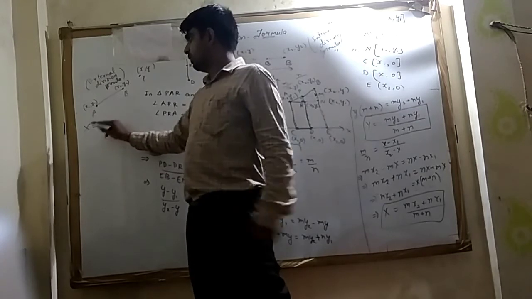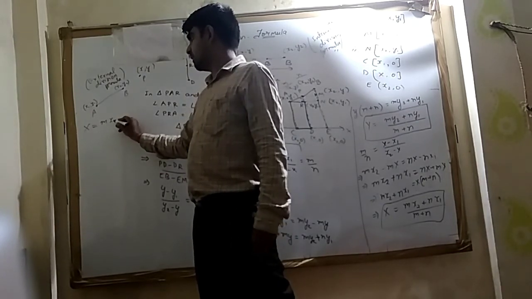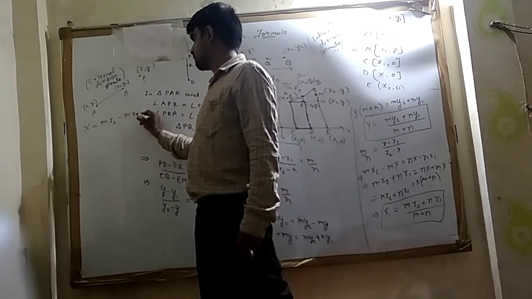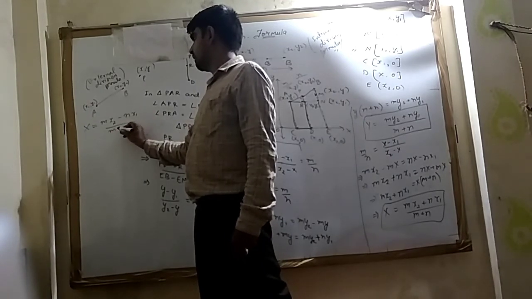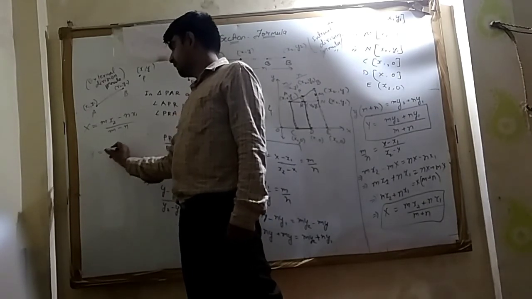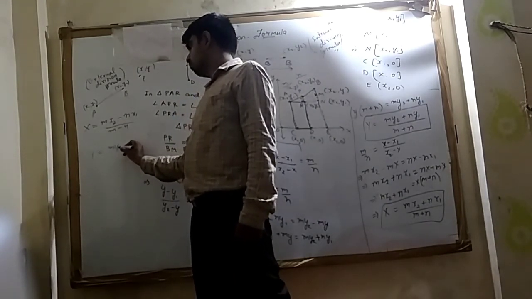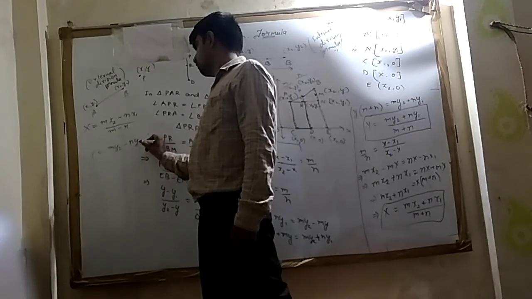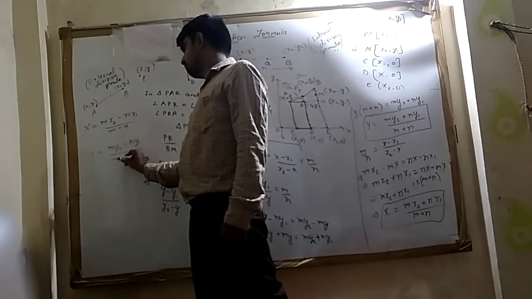So what will x be? It will be x2 minus n x1 upon m minus n. Similarly for y, it will be m y2 minus n y1 upon m minus n.